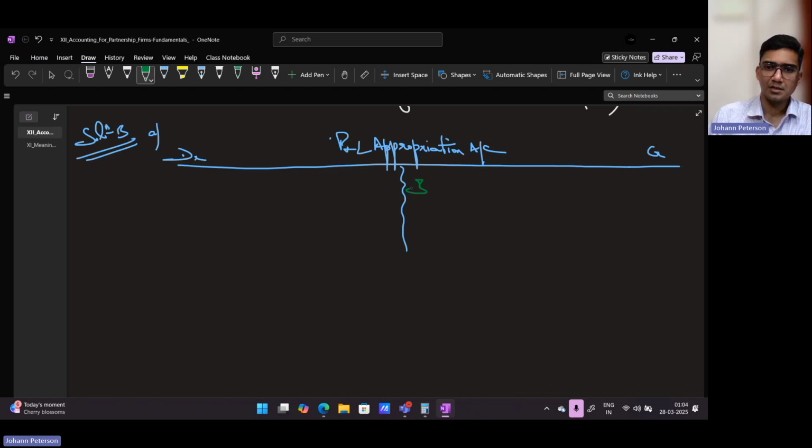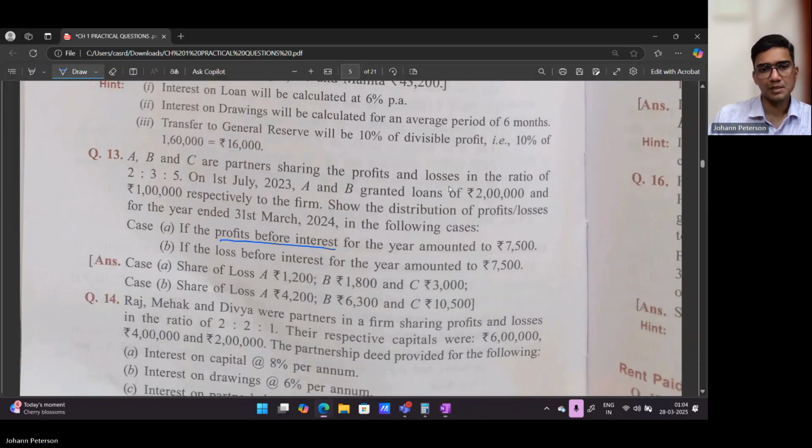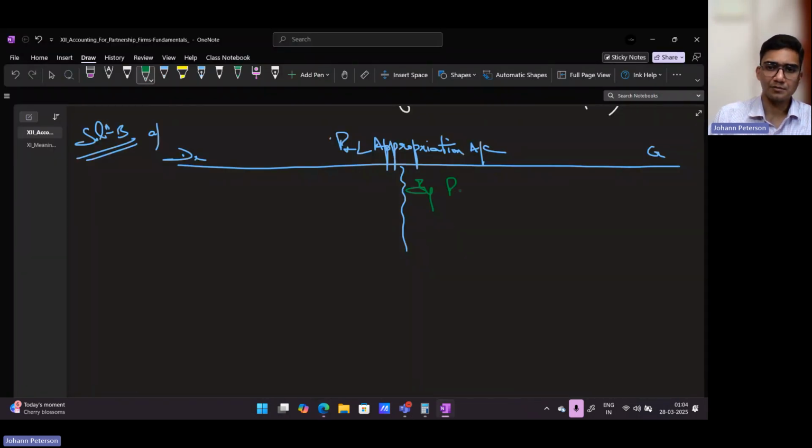So what is it saying? Profit before interest, 7,500. Oh, why did we write P&L appropriation? This should be P&L account. That is a mistake. So let's correct it.